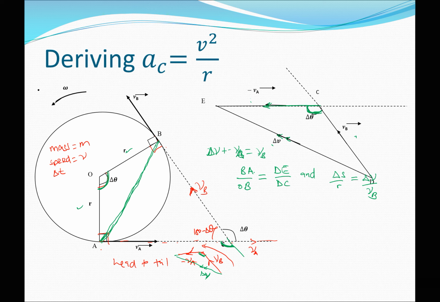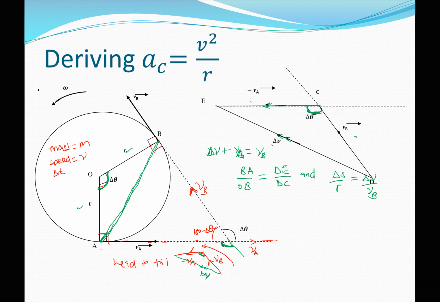Because BA is approximately equal to the arc length, I can call that delta S. And OB or BO is the same as the radius, I can call that R. DE is the change in velocity, which is delta V, and DC is VB.